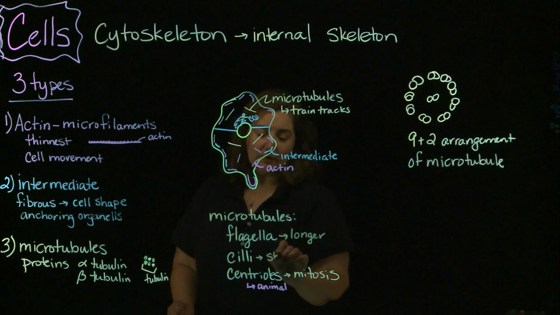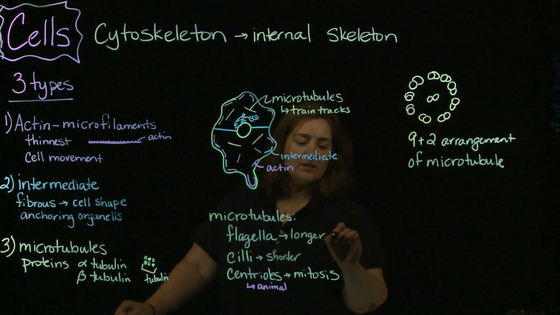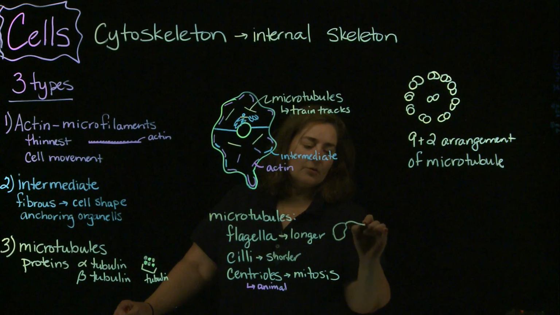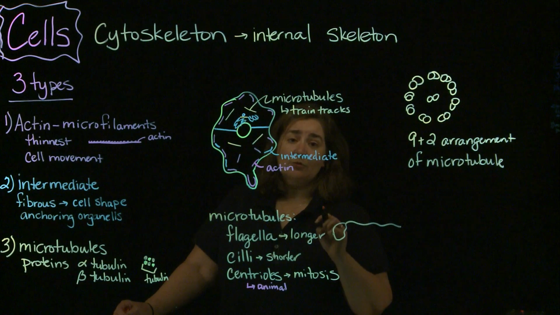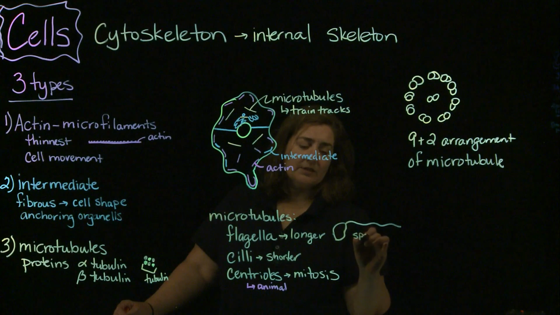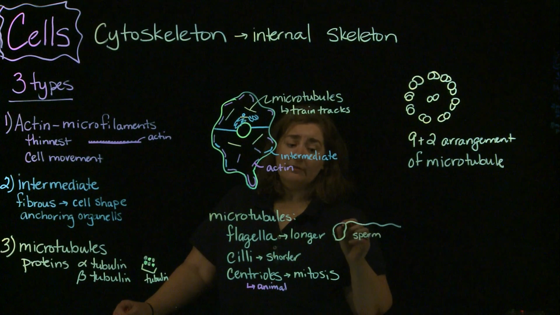Cilia, relatively speaking, are going to be shorter. Okay? So if we have a cell with a flagella coming off of it, the one cell in the human body that has a flagella is going to be a sperm cell. Okay, that's the only animal cell that's going to have a flagella.